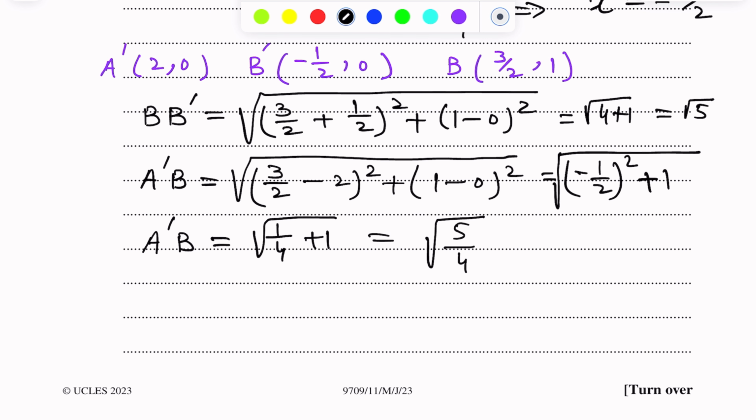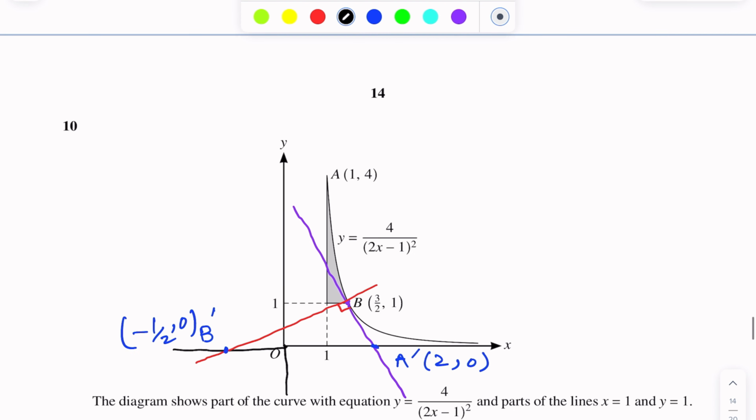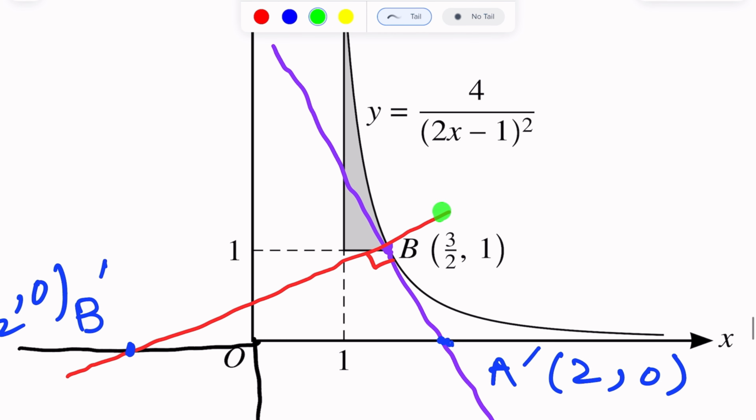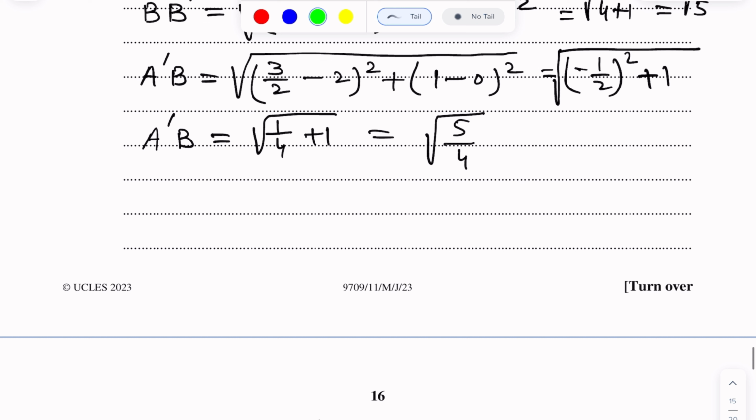Next, we have to apply the formula to find the area of the right angle triangle. This is the base and this is the height. The formula for area is 1 over 2 base into height.